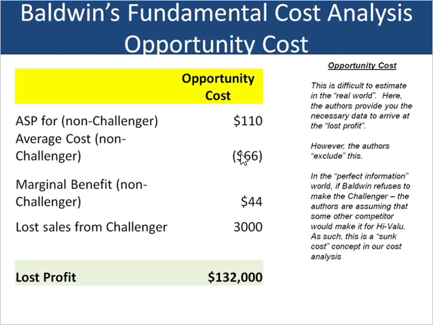And now the authors excluded this. And why did they do that? Number one, you are operating in a declining sales environment, so even if you want to sell those additional 3,000 bicycles, you really can't. And the second is the authors make a very interesting assumption here, which is that if Baldwin doesn't manufacture for high value, someone else will come in and produce it. So they are going to lose these 3,000 bikes anyways.